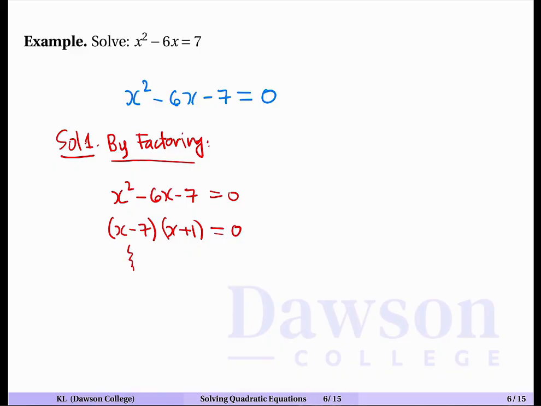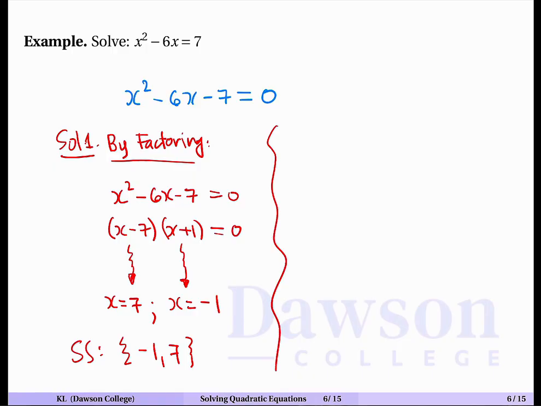This means from here, we will have x equals 7. From here, we will have x equals negative 1. Okay? Solution set: negative 1, 7. So that's with the use of factoring.